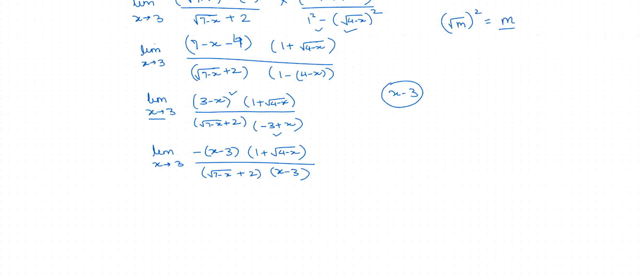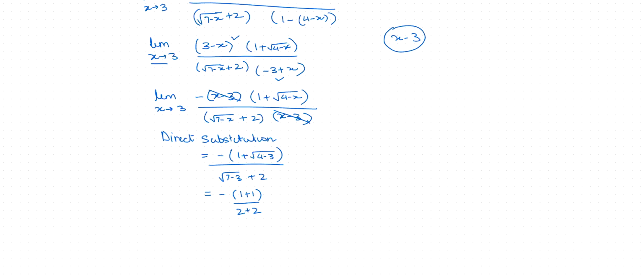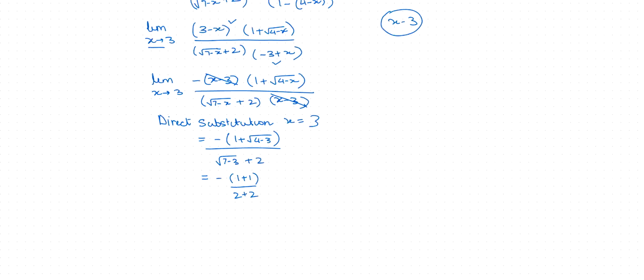As we factor out the negative, we see that this is the same, so we can cancel x minus 3. Now we directly substitute x equal to 3, and on direct substitution we get negative half.